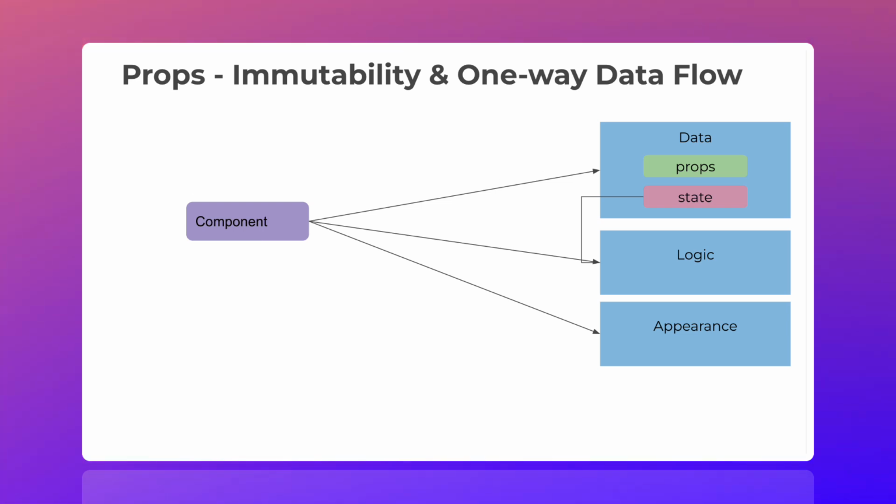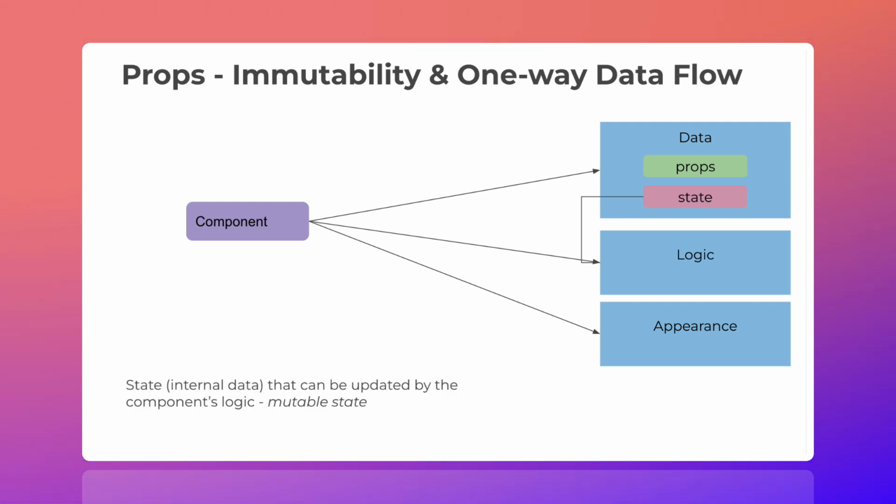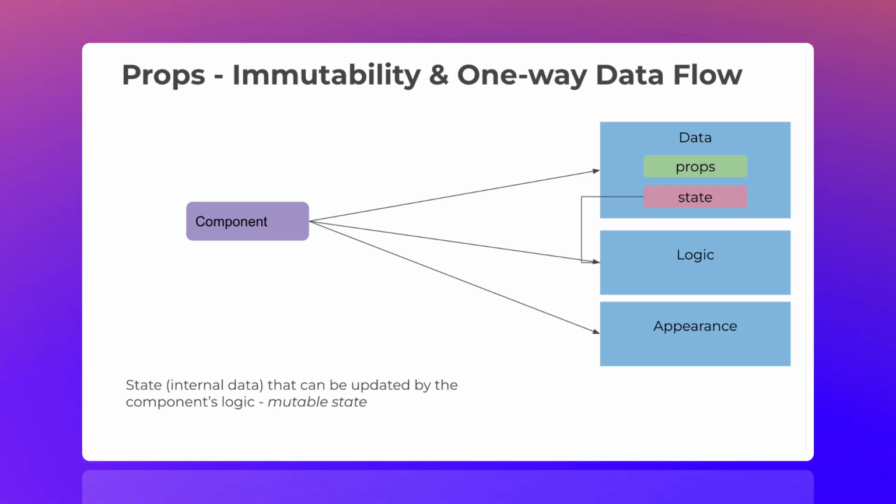The only way to change props is through state, which we'll talk about later. So keep in mind, again, state is internal data that can be updated by the component's logic, in this case, the mutable state. We'll talk about state, do not worry, but just know that when we talk about data as part of what a component has, it has props, state, and many other types of data, which we'll talk about later.